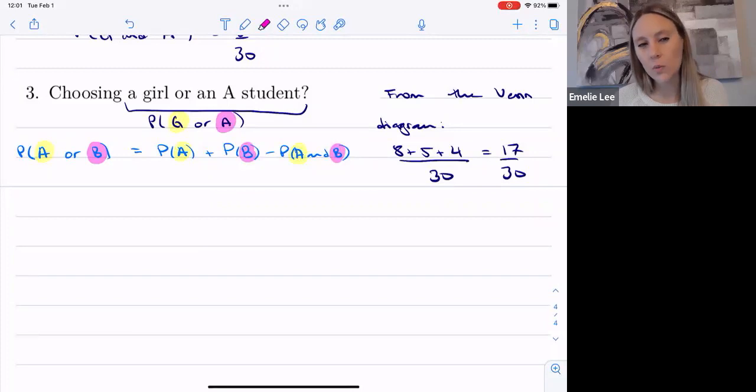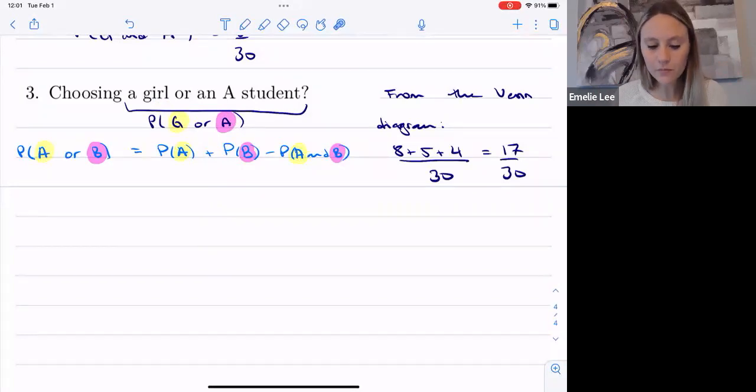The reason I don't want you to all of a sudden switch things around and write A or G is because sometimes, not often, but sometimes the order matters. Here, because we're asking for the probability of choosing a girl or an A student, I really want you to keep that same order.